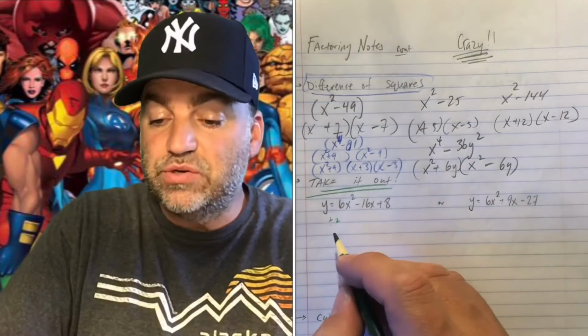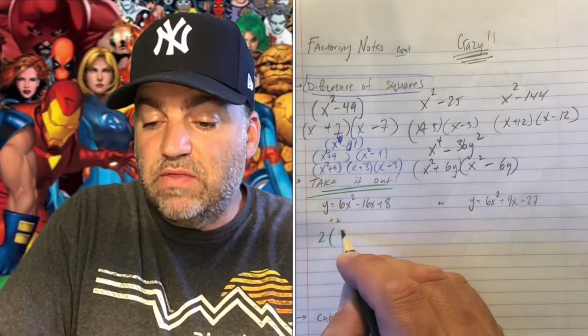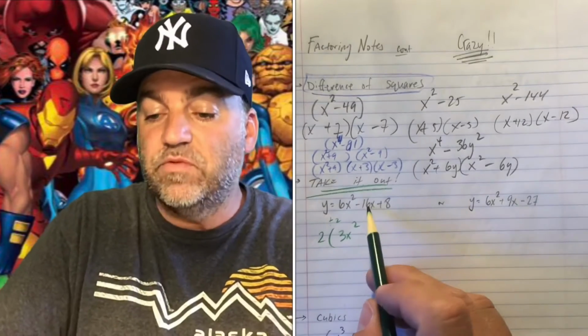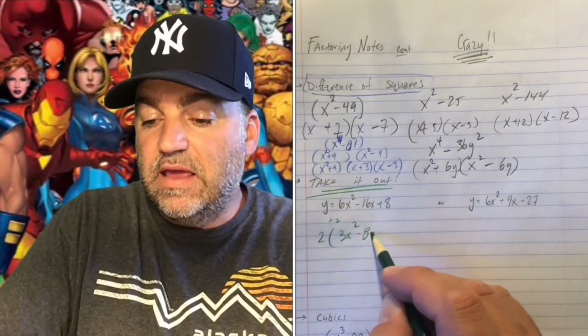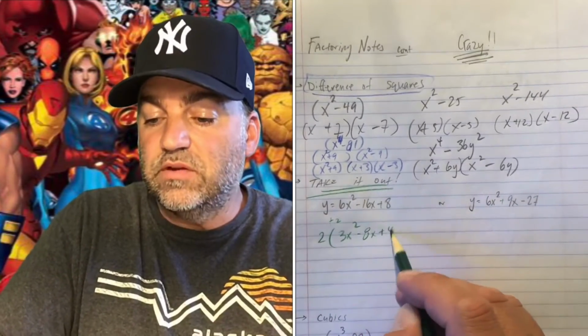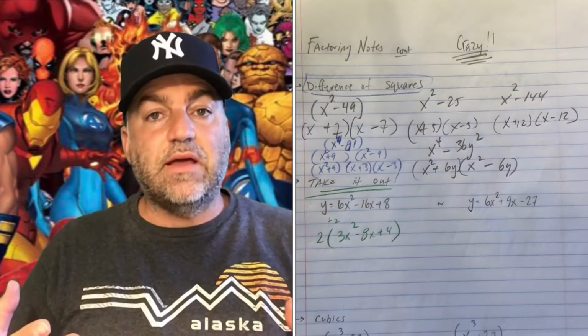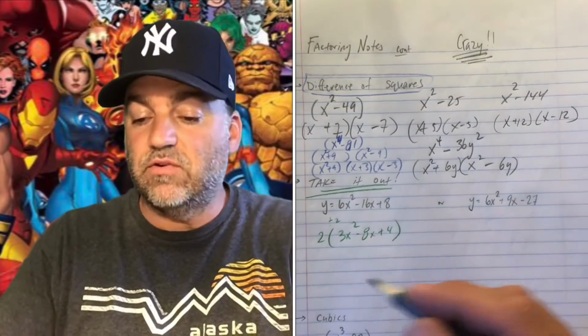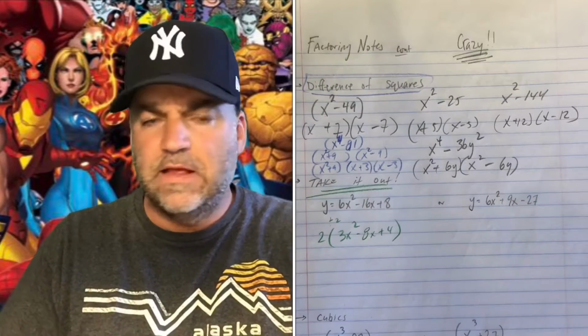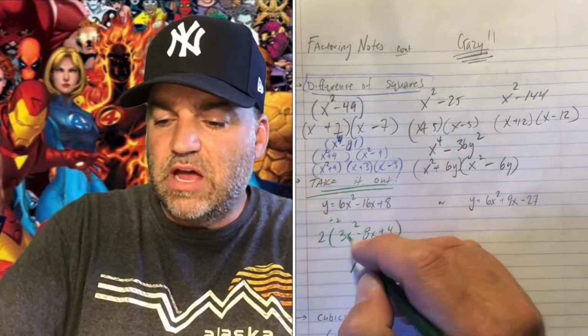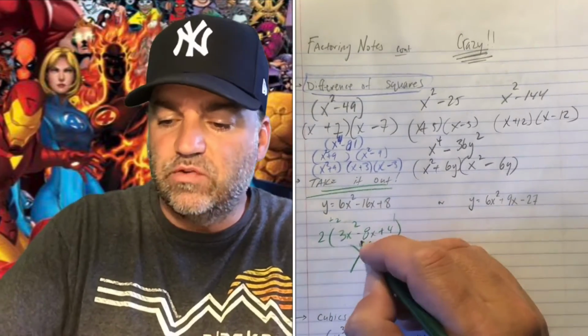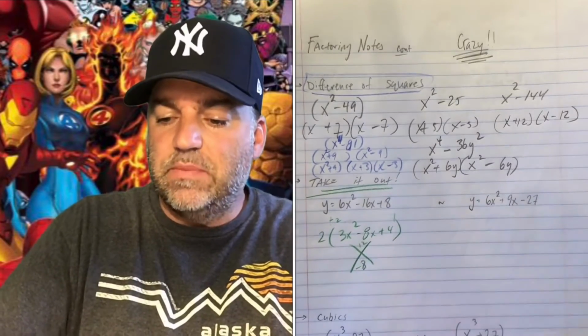I take out a 2, so I'm left with 3x squared, take out a 2 from this one, 8x, and take out a 2 from this one, plus 4. And now I can, my friends, rock this, or multiply, factor, reduce. Let's find out if it works. So I multiply to get 12, and then bring down the b, the bottom, the basement.